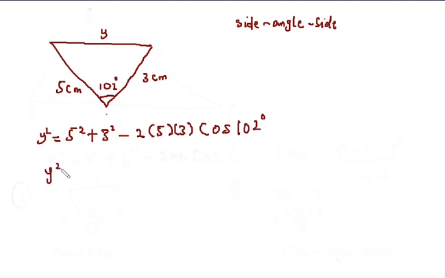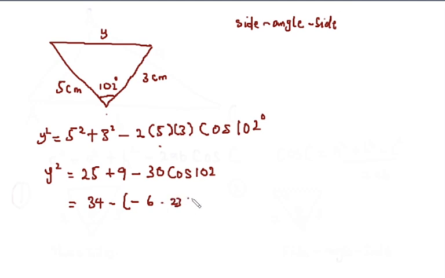So y squared is equal to 5 squared is 25, plus 3 squared is 9, minus 2 times 5 times 3 is 30, cos 102. So we know that 25 plus 9 is equal to 34, minus 30 times cos 102, which is approximately minus 6.2374 to 4 decimal places.